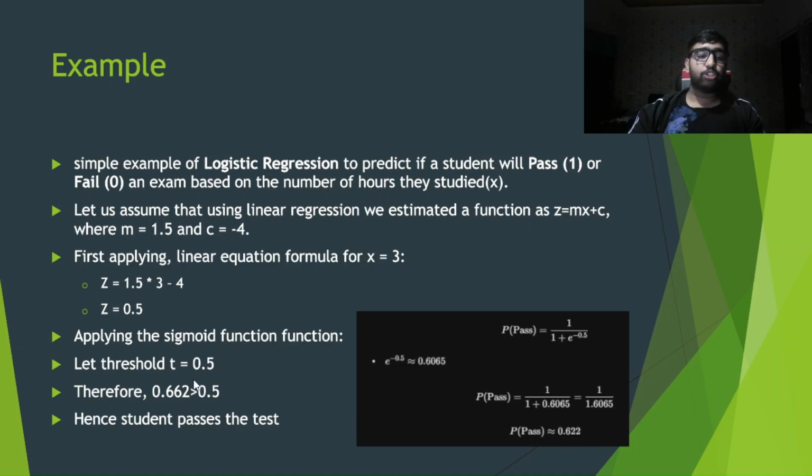Here we are assuming the threshold to be 0.5. Therefore, 0.622 being greater than 0.5, we put this data tuple, with x equals 3, into class 1, which is pass. So hence the student passes the test.